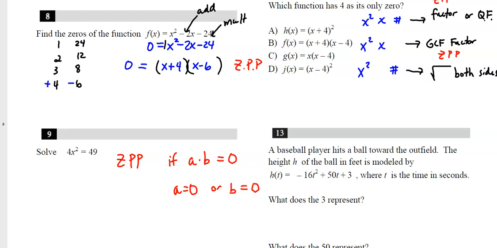So we just have to find out, when is this parenthesis right here going to be 0? Well, it's going to be 0 when x is negative 4, because negative 4 plus 4 is 0. And this one is going to be 0 when x equals a positive 6. So usually your zeros are going to be opposite of whatever your factors are.